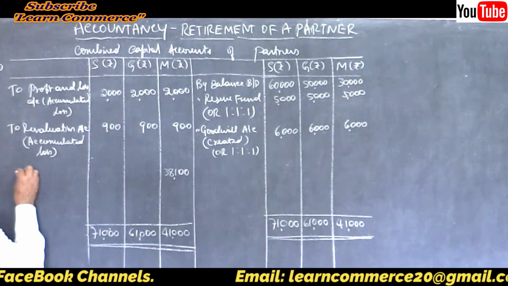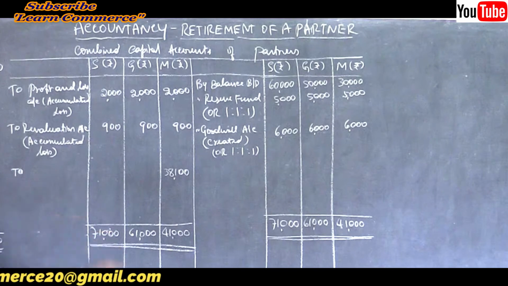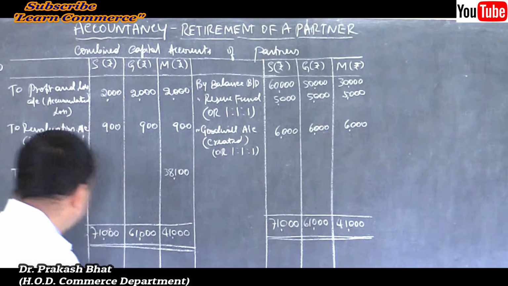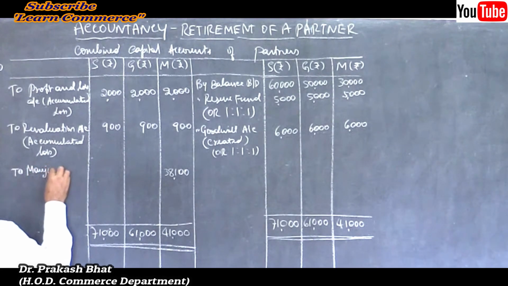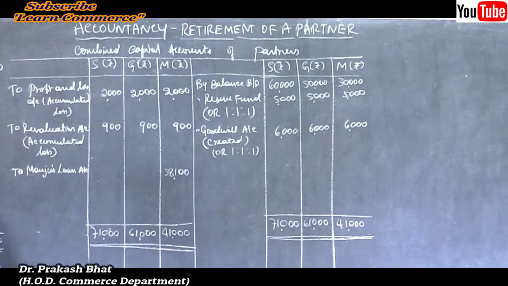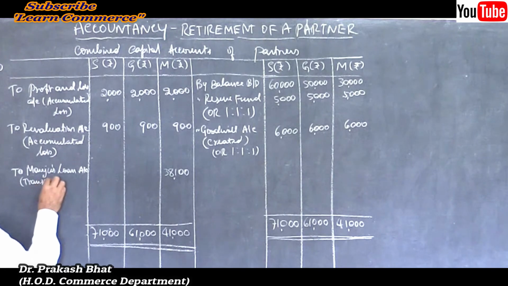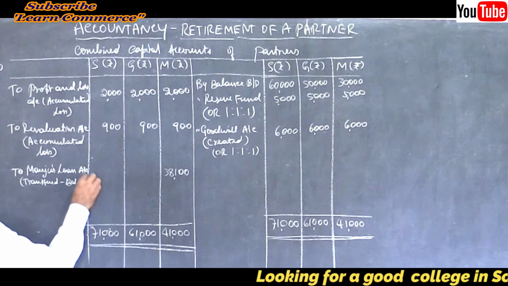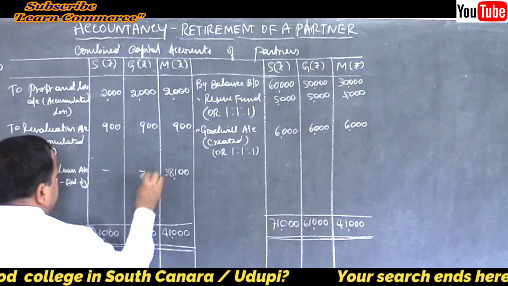Otherwise the evaluator may ask whose loan account it is, and you won't have any answer. So better write the name. Manju's loan account, transferred, balancing figure, because this is the difference when you balance it.